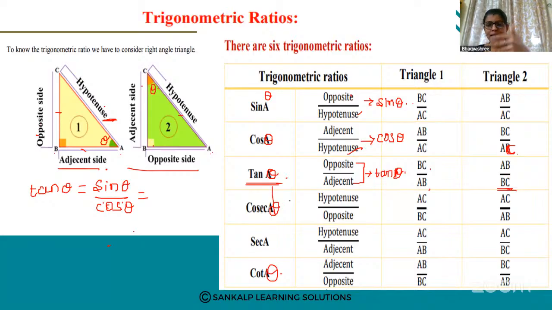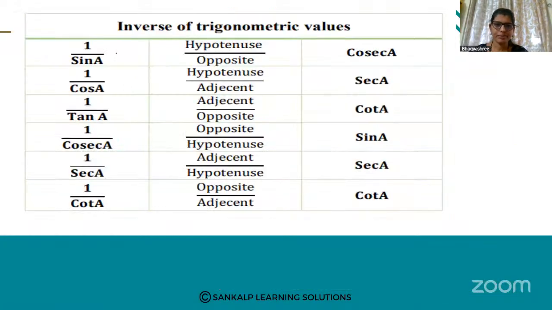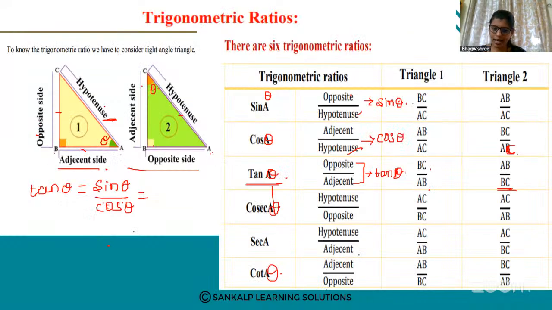Next, cosec theta. Next one is cosec. Cosec means cosecant theta. In short form we say cosec theta. What is cosec theta? Here you will get what we call inverse trigonometric values. Which one do we call the inverse? See, cosec theta is the inverse of sin theta, that is 1 divided by sin theta is equal to cosec theta.